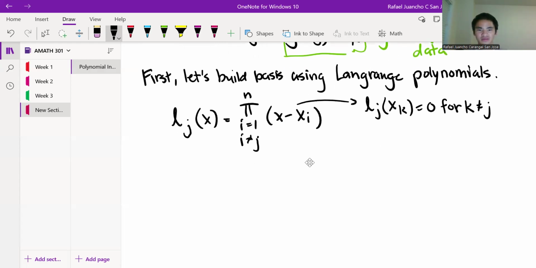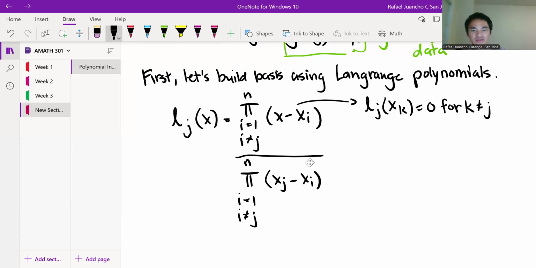Okay, so let me continue. It's going to be over the product, i from 1 to n, of xj minus xi, where i is not equal to j. Here, my Lagrange L_j at x_j should be equal to 1, right?